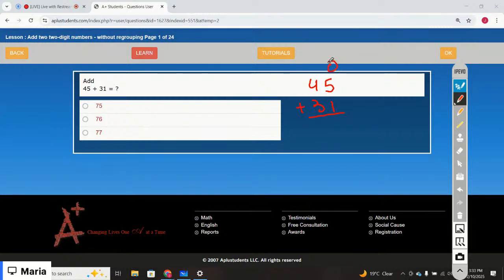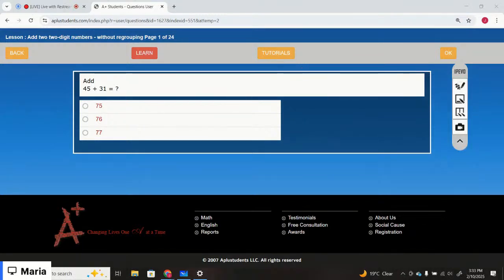Start adding the ones digit. 5 plus 1 is 6. Then you have to add the tens. So 4 plus 3 is 7. That is 76. Option number 2 is the correct option.